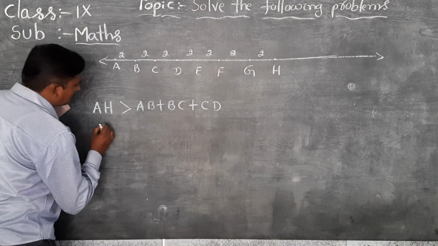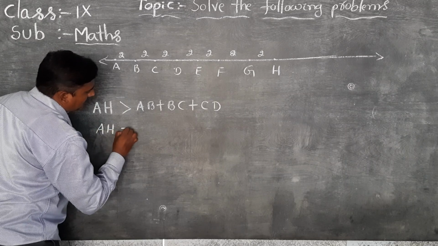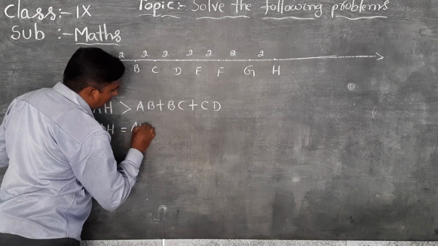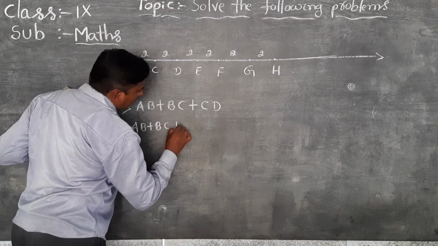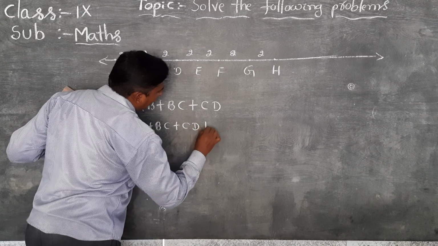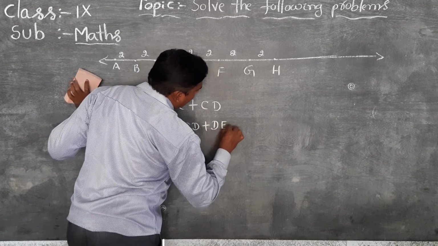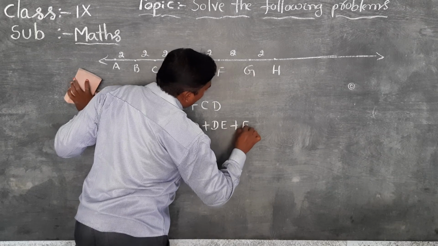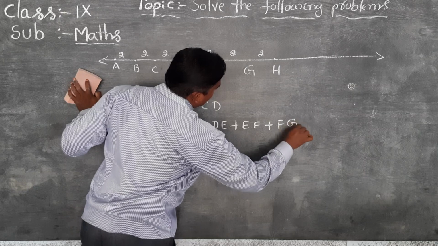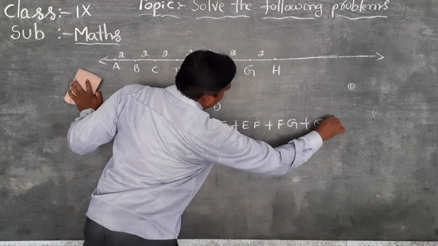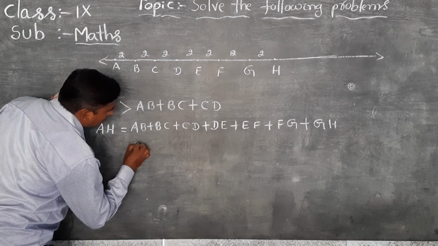Okay, AH is equal to AB plus BC plus CD plus DE plus EF plus FG plus GH. Okay, all are 2 centimeters only.